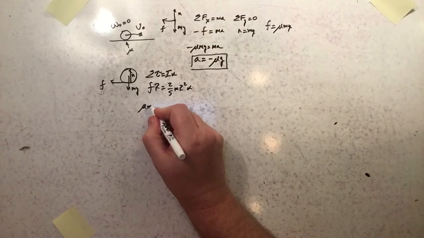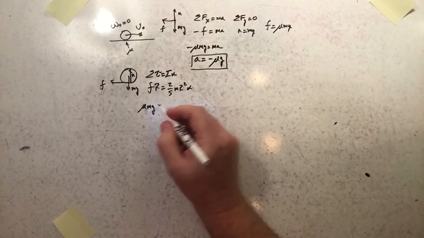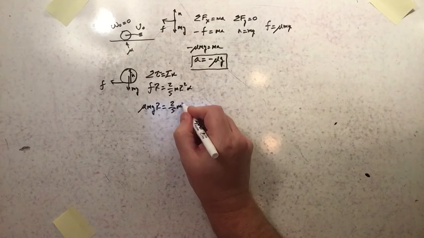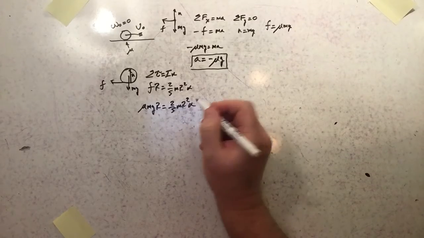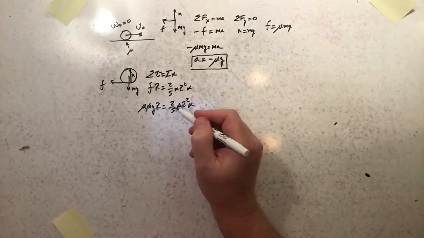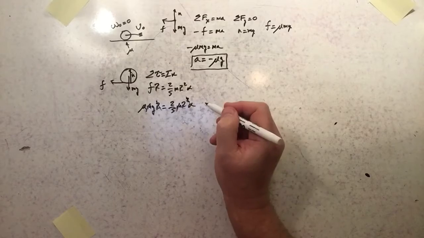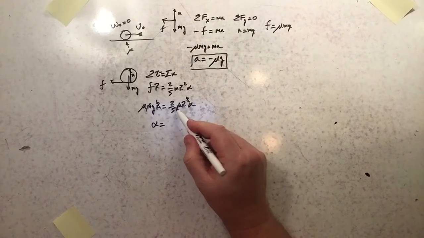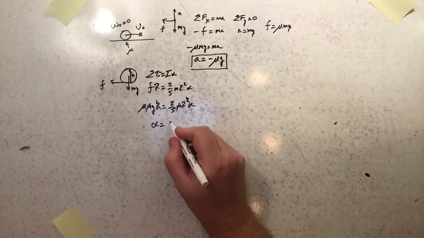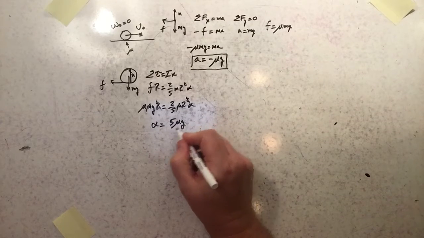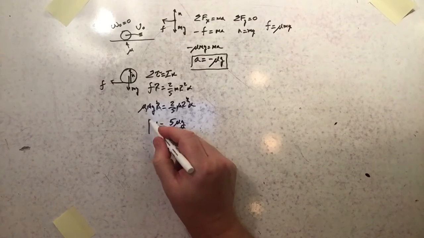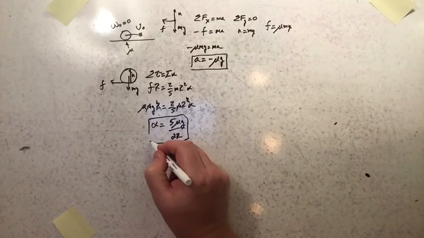So mu mg r equals 2/5 mr squared alpha. And a couple of things cancel. The mass goes away, and one of the r's cancels. So I can rewrite the acceleration. The angular acceleration now is going to be 5 mu g over 2r. Okay, and we'll save that acceleration for just a second.